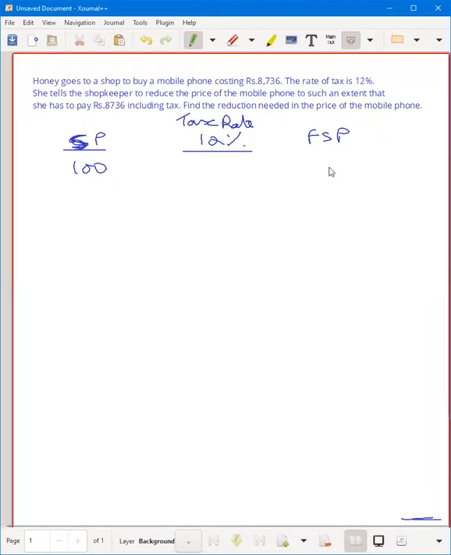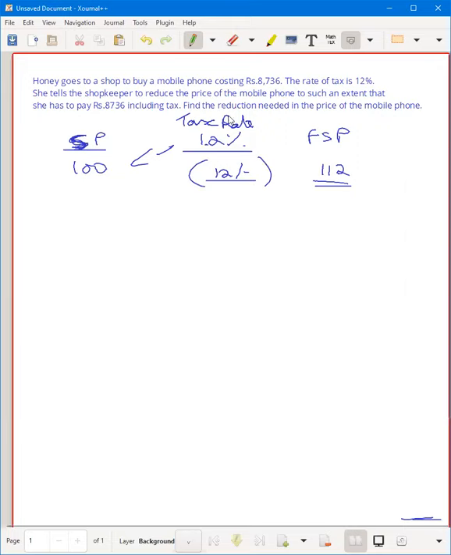Selling price plus tax is the final selling price, isn't it? So what will it become? 112, because the tax will be 12 rupees, 12% of 100. So my final selling price is 112, which includes a tax of 12%.